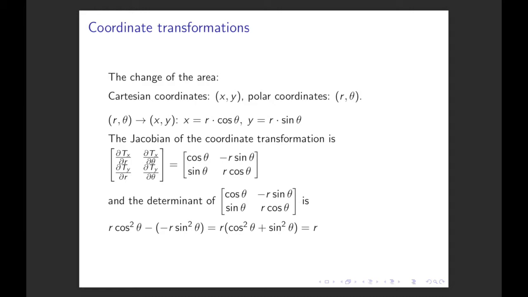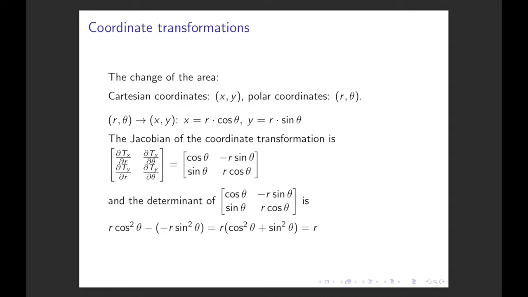And for the second row, we differentiate the second coordinate function, so y. R times sine of theta differentiated for r is sine theta, that's the third entry of the matrix. And left is r times sine theta differentiated for theta, this is r times cosine of theta. Now the determinant of this is r cosine square theta minus r times sine square of theta.